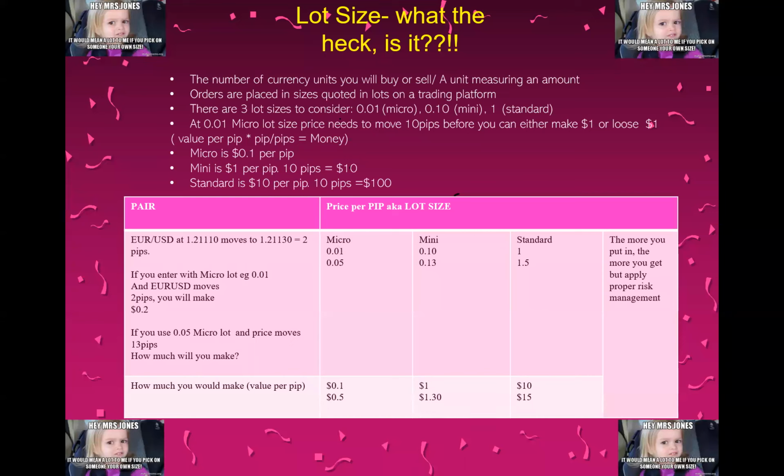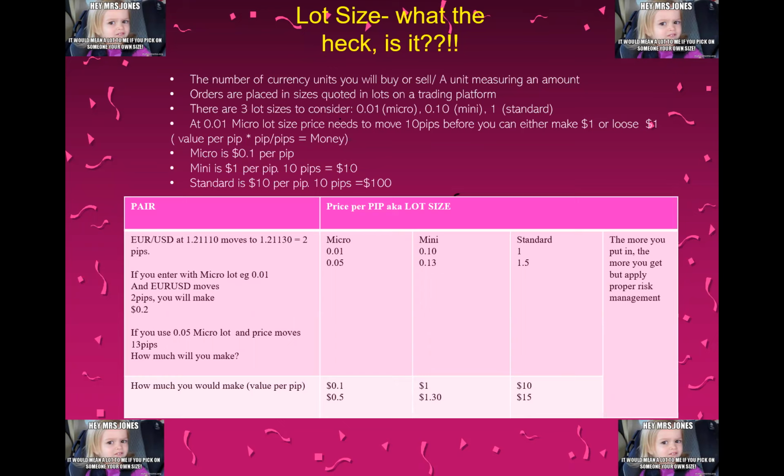How do I make this clearer? So if you were entering at 0.01 micro lot size, price needs to move 10 pips before you make a good amount of money, basically, right? And for a micro lot, your value per pip is 0.1.